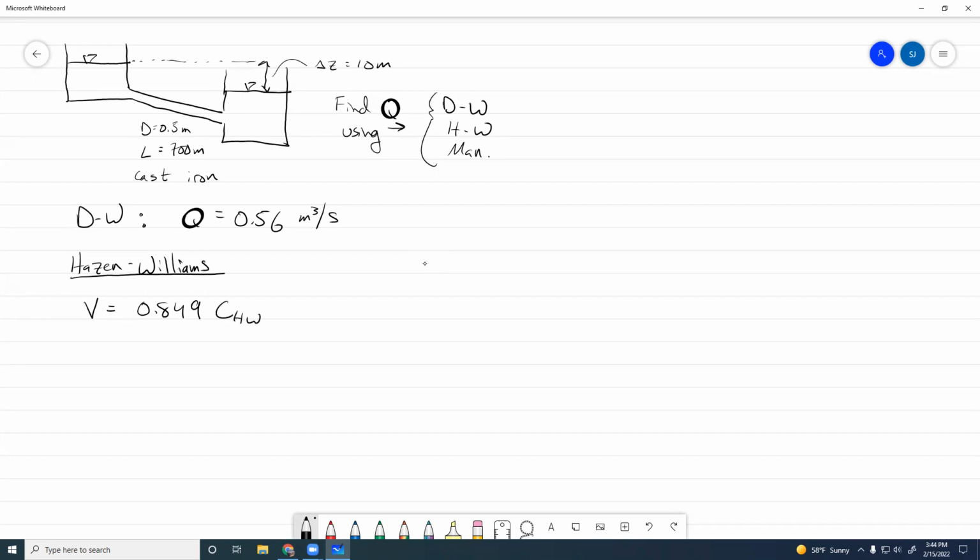We have our Hazen Williams coefficient, which we'll look up in a table. We need hydraulic radius to the 0.63, and then our friction slope to the 0.54. So first, let's look up our Hazen Williams coefficient, and I've got it printed out for you. So second page of this handout, Table 3.2 in your book.